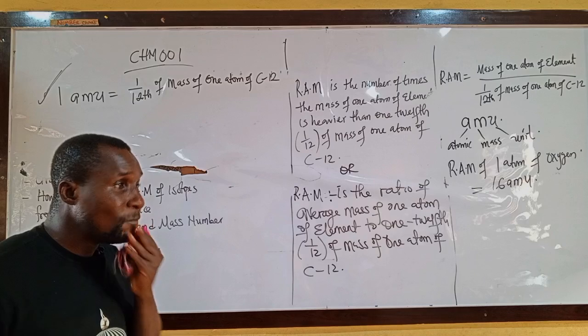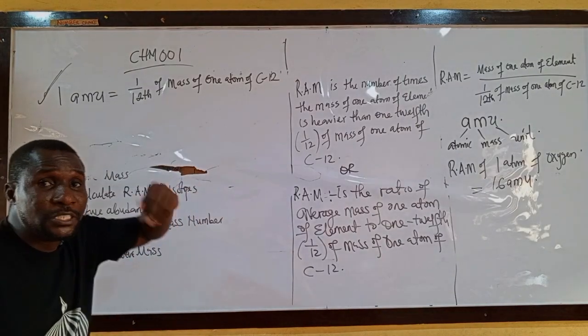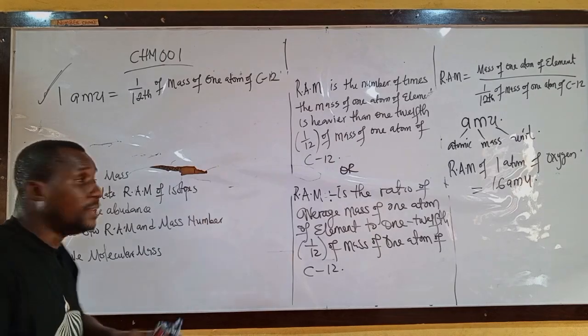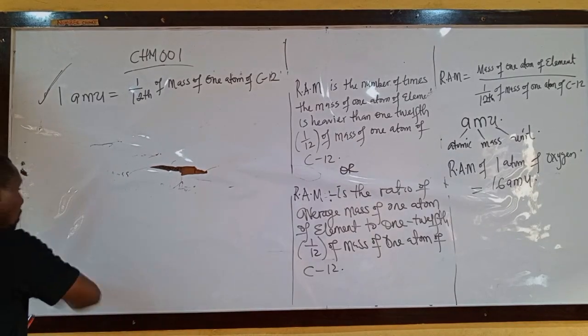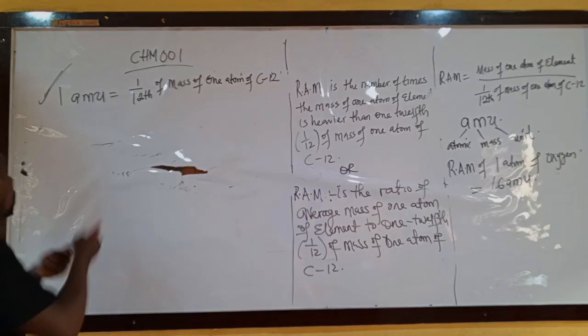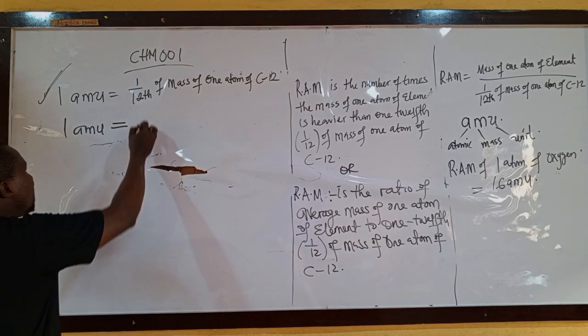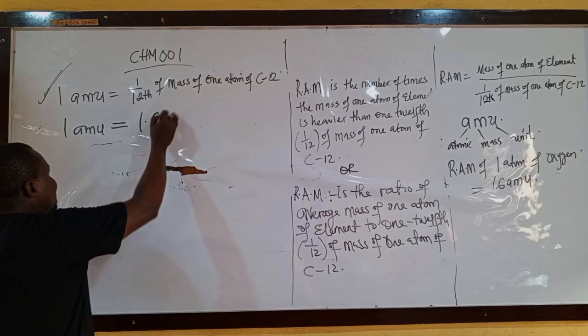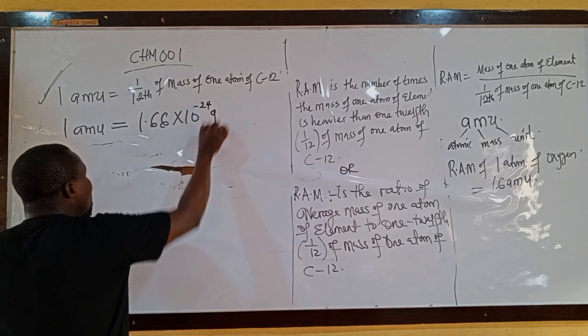And that 1 AMU has been determined experimentally. That means 1 AMU is the same thing as 1.66 times 10 raised to power minus 24 gram.